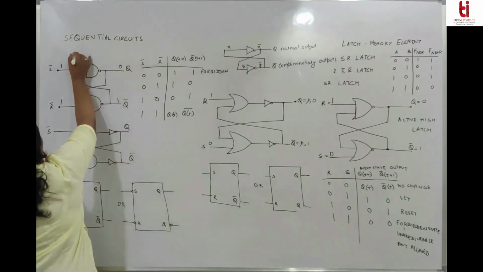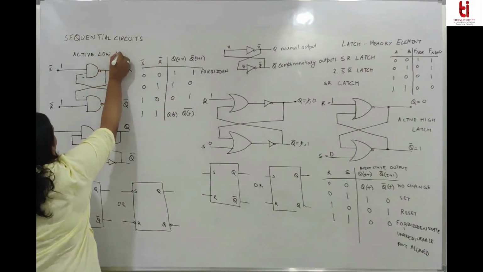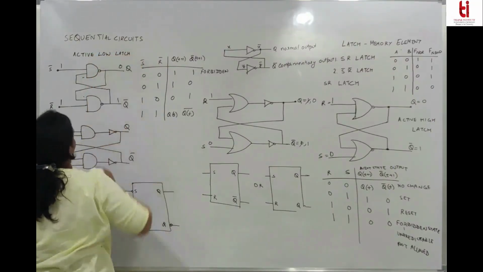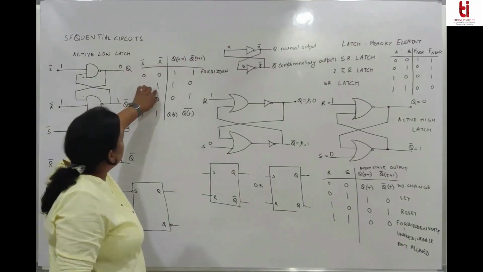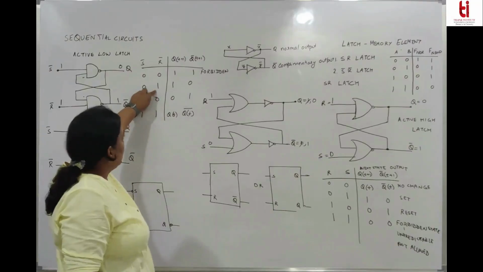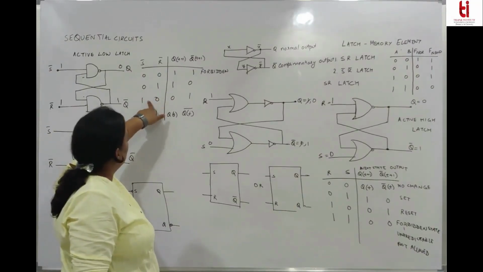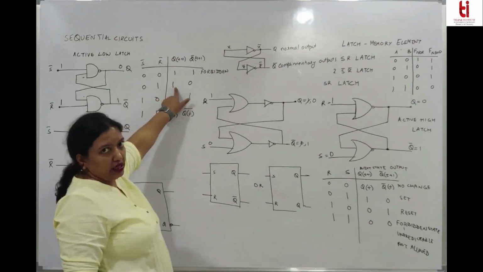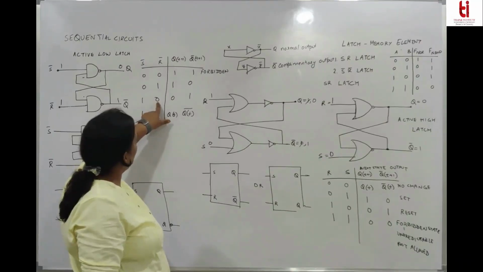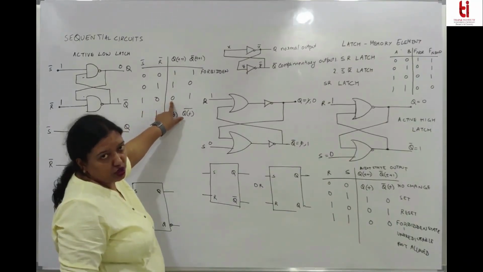This is called active low latch. A NAND latch is called active low latch because when your set is active low, your output is high. When your reset is active low, your output is 0.